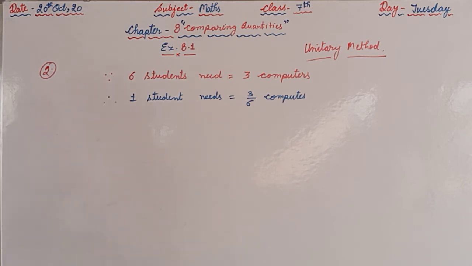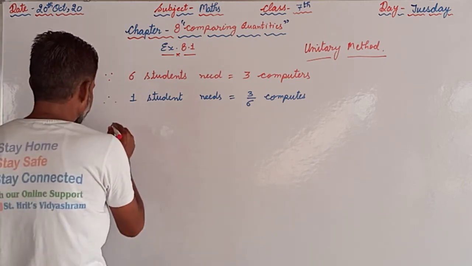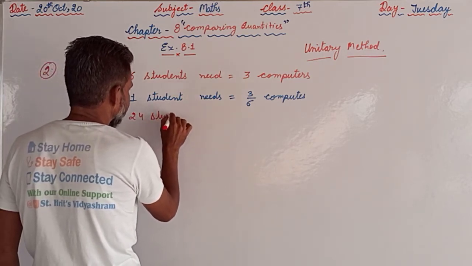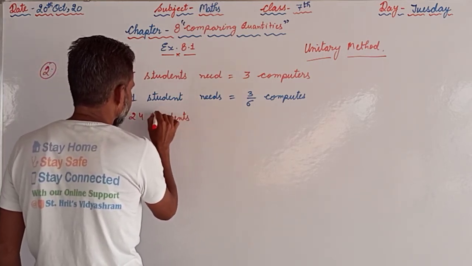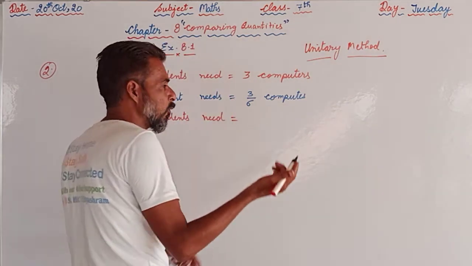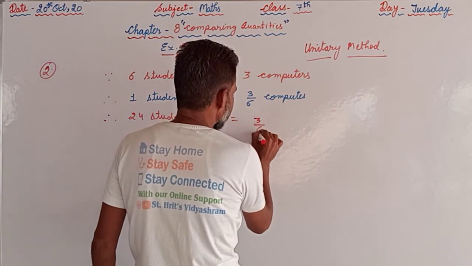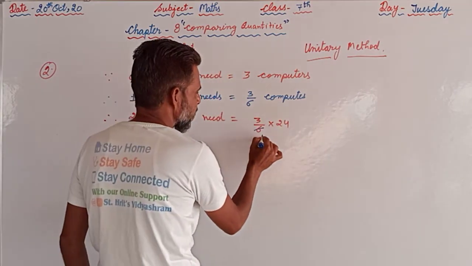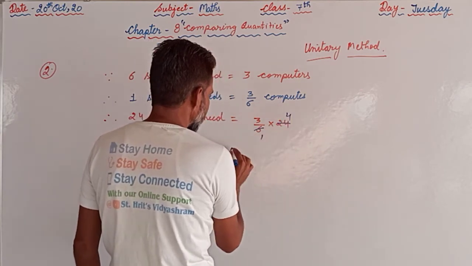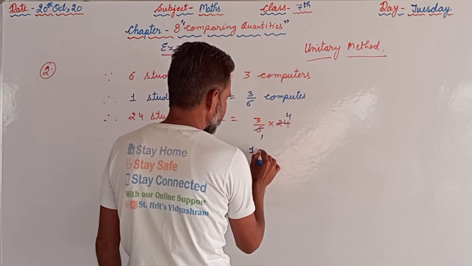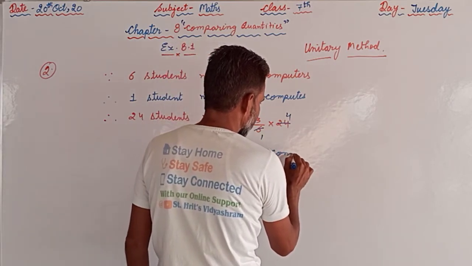Now afterwards we are supposed to find that 24 students will need more. So that is 3 upon 6 multiply by 24. Then we can cancel out 6: 6 ones are 6, 6 fours are 24. Downwards is 1, that is of no use. 3 fours are 12 computers.